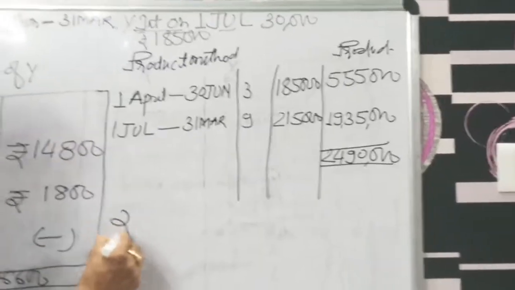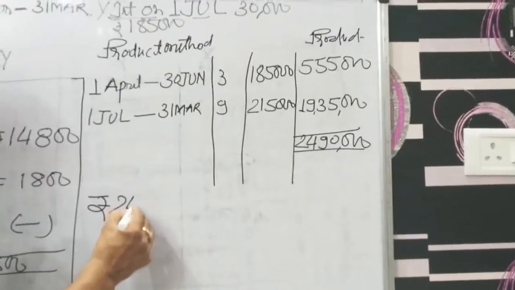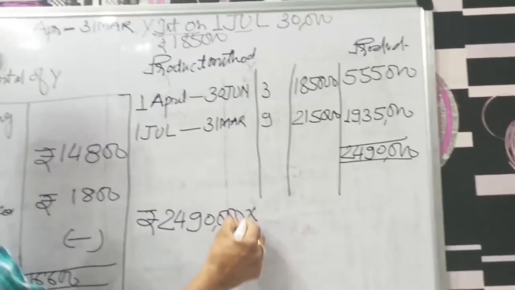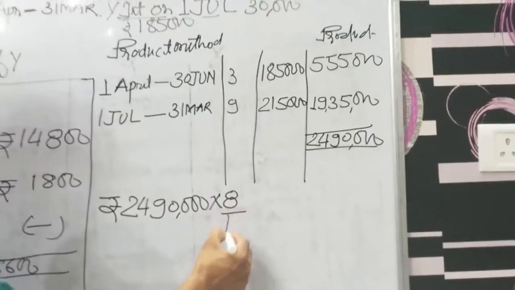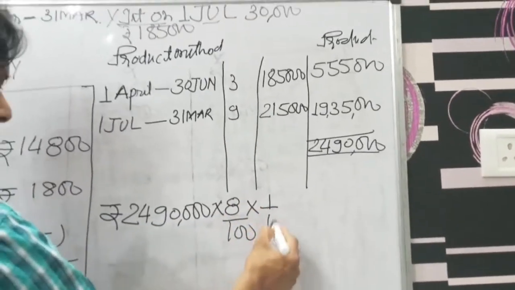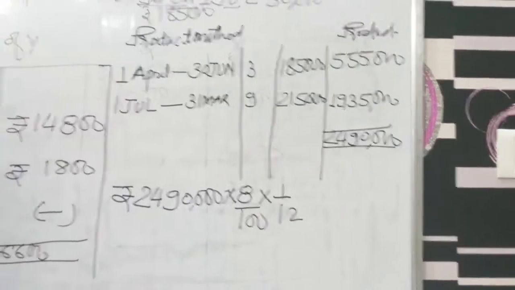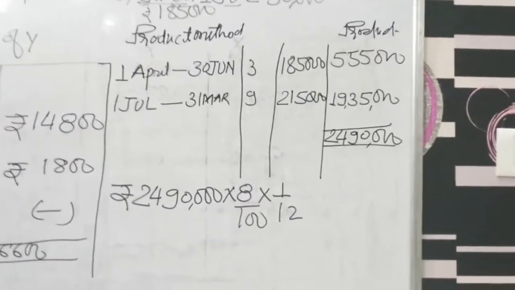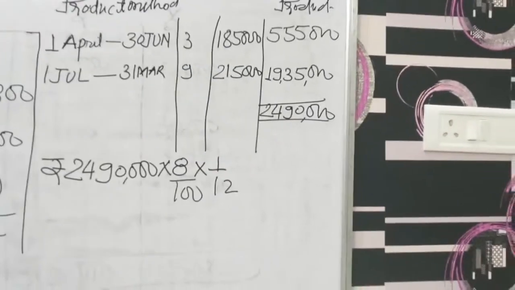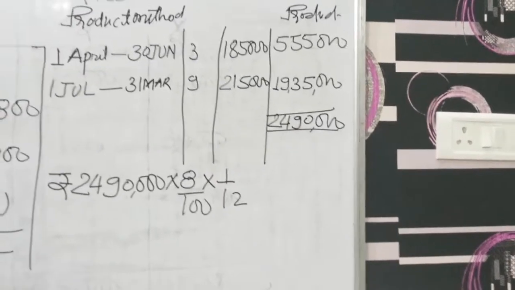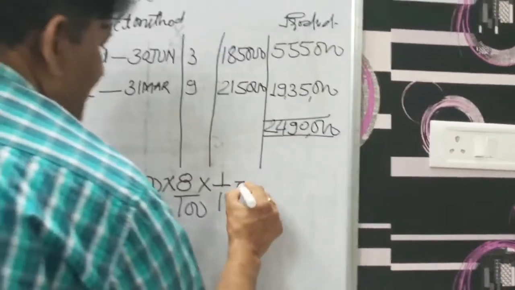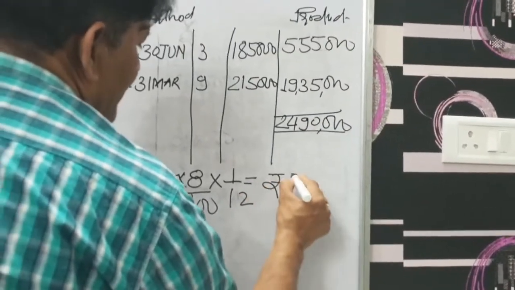Total product 24,90,000, rate is 8% and into 1 by 12. Wherever the product is there, it would be divided by 12. So your answer will again be the same, 16,600.